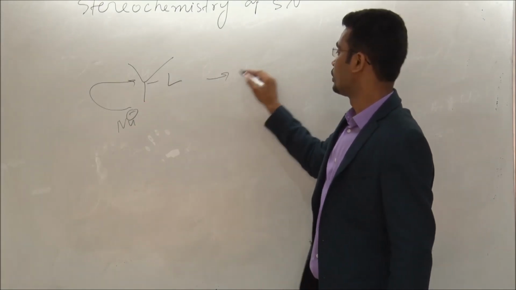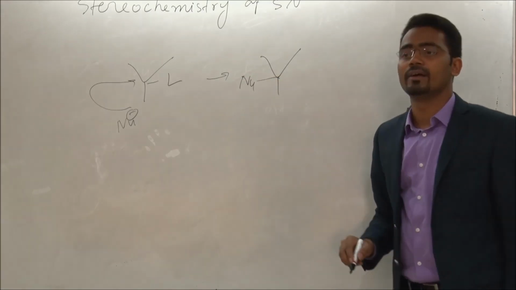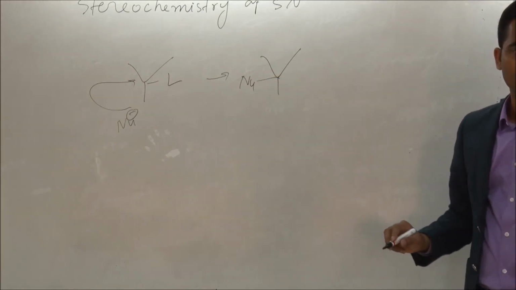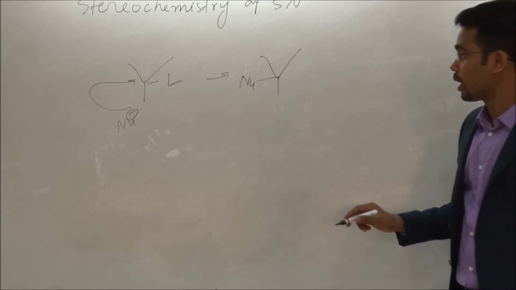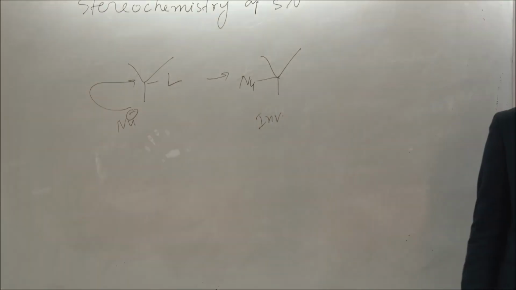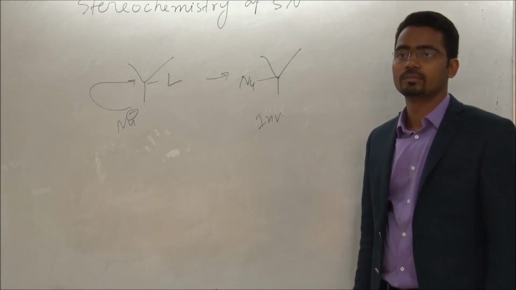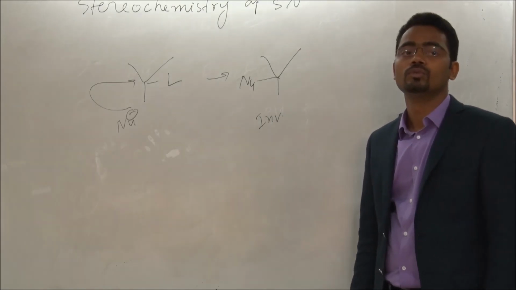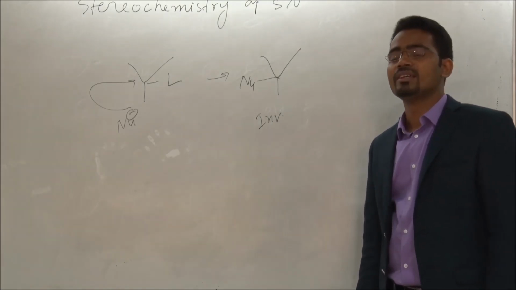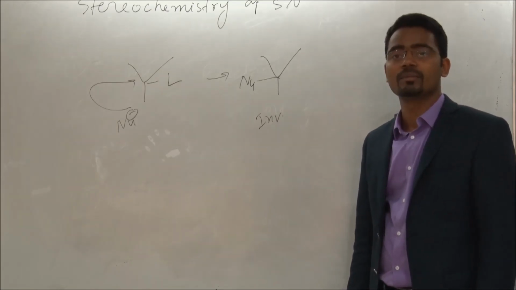It means complete inversion occurs. So write down, inversion is the final product. Got it? While in SN1, what is the product? Racemic mixture, but not 100% racemic mixture.